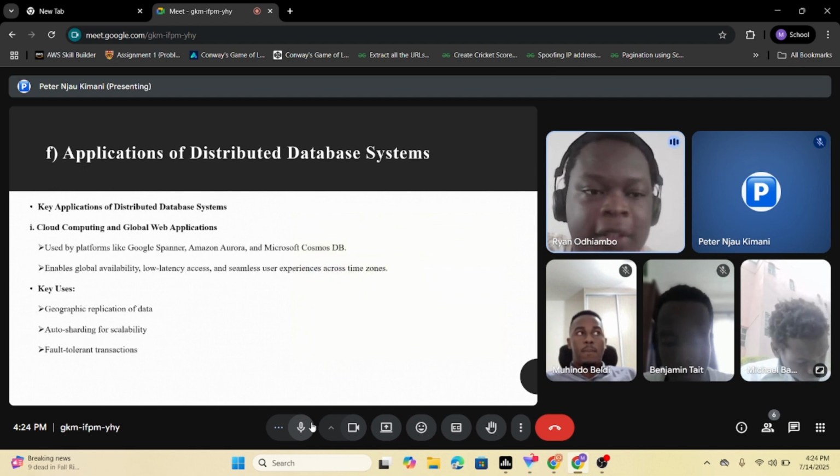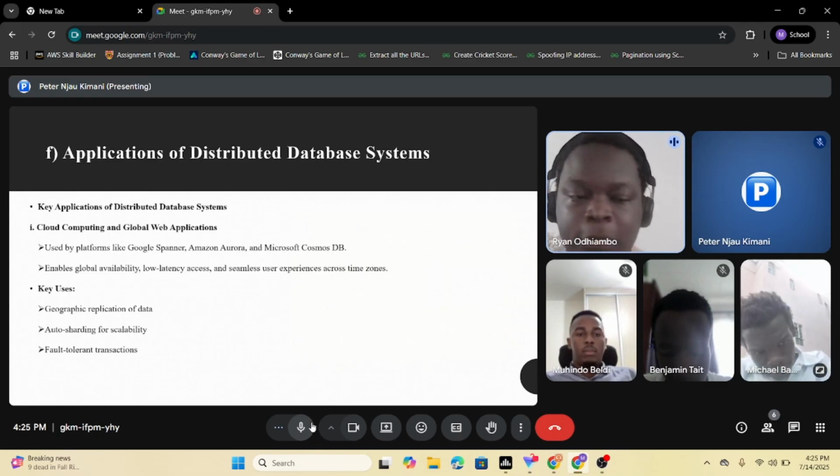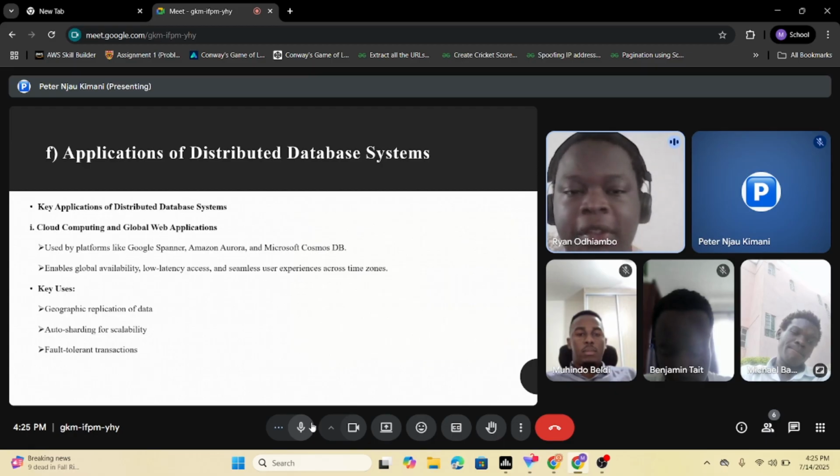So some key applications of distributed database systems. One, we have cloud computing and global web applications. Some examples: we have Google Spanner, Amazon Aurora, and Microsoft Cosmos DB.